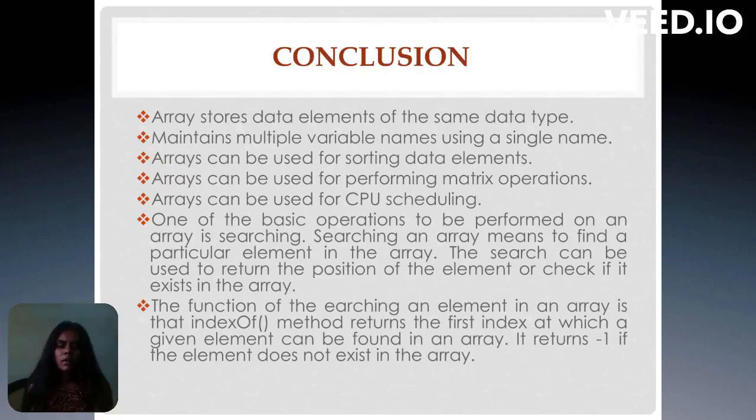One of the basic operations performed on an array is searching for an element, which means finding a particular element in an array. The search can return the position of an element and check whether the element exists in the array or not.